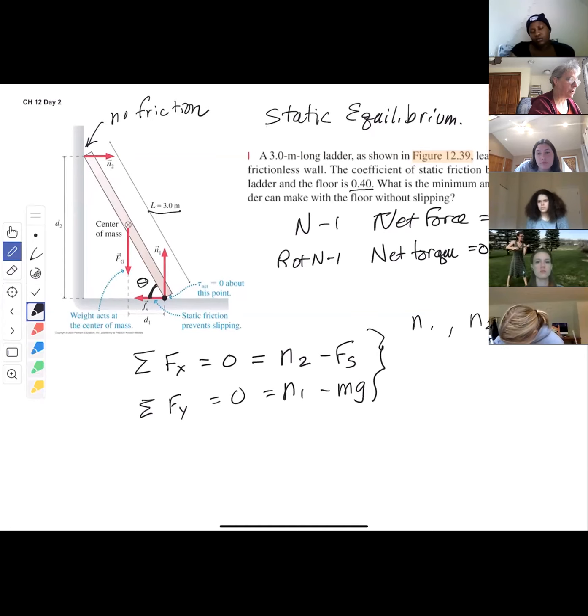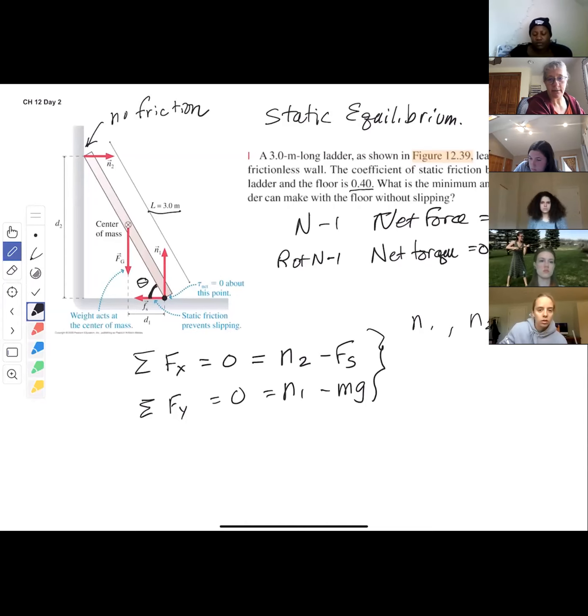But if we knew N1, then we could know at least the magnitude of that static friction force, because when it's about to slip, Fs would be mu times the normal force, and that would be N1 because that would be right at the same location.